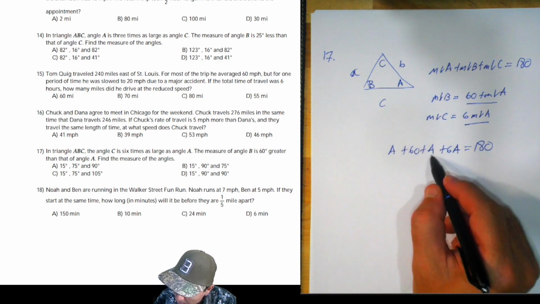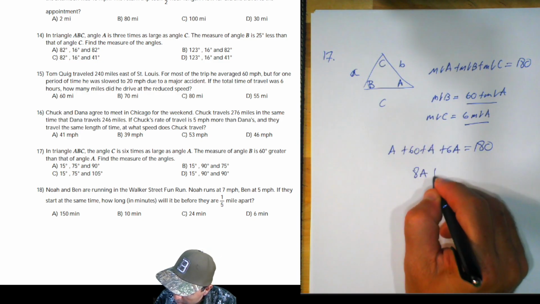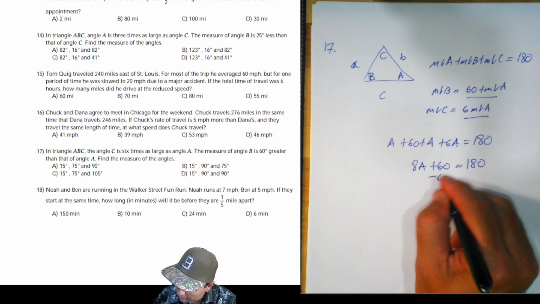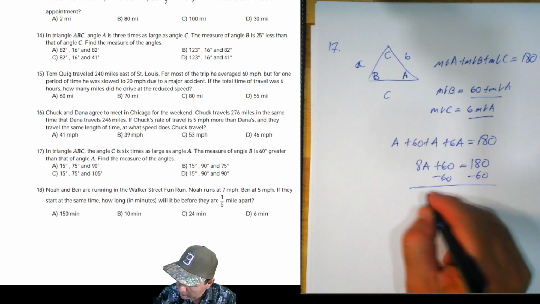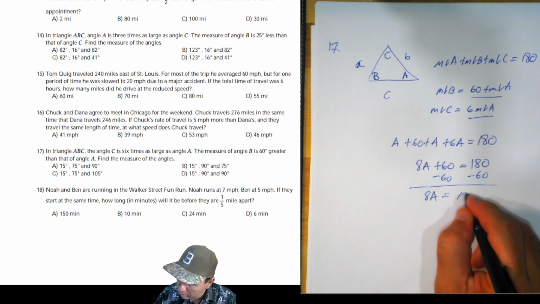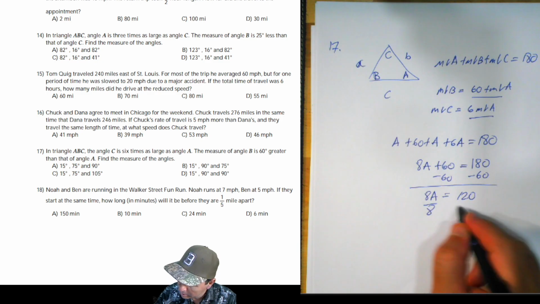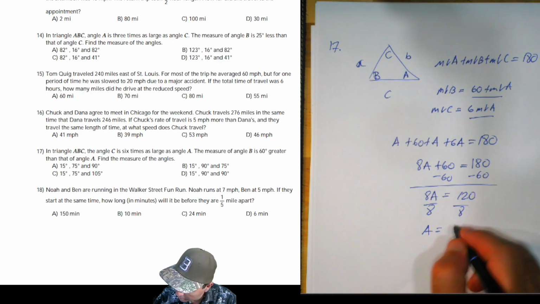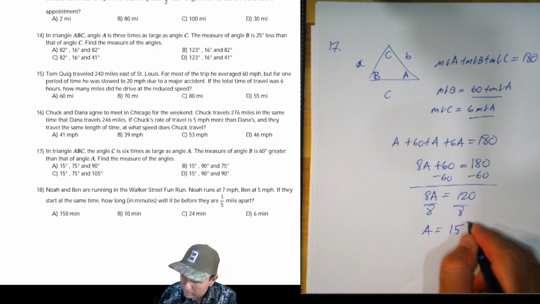A plus 6A is 7A, plus 60 equals 180. We're going to subtract 60 from both sides. We get 8A equals 120. We're going to divide both sides by 8. A is equal to 120 divided by 8, which is equal to 15 degrees.